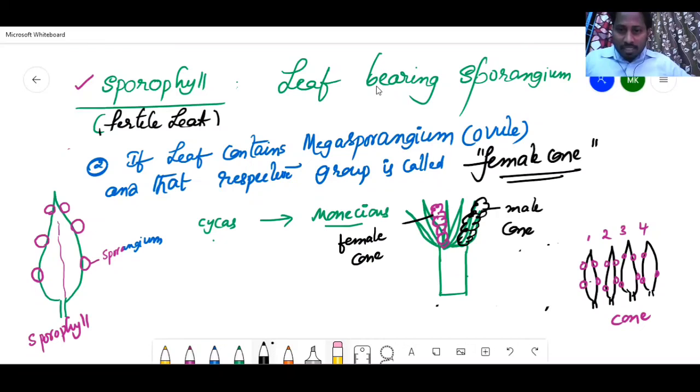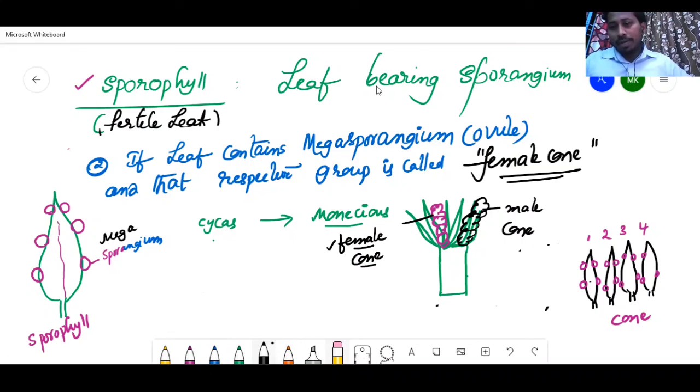Cone means you can imagine so many leaves are arranged compactly. So if this is a female cone, which type of sporangium is present on that particular leaf? Megasporangium. Yes, megasporangium is present. So many leaves together form compactly a cone, that is female cone.